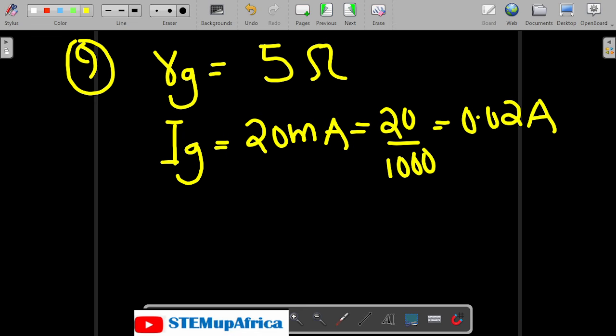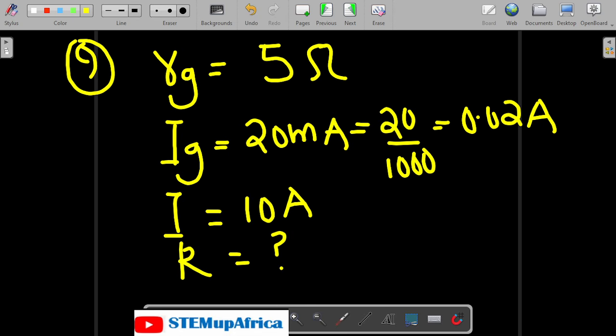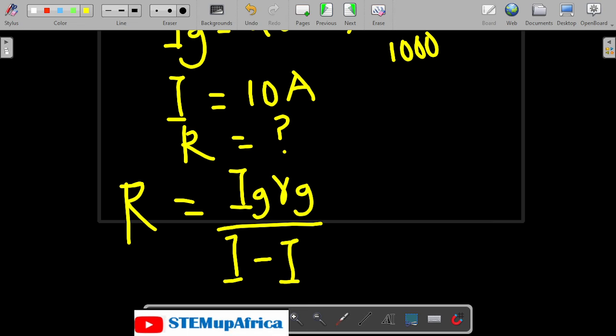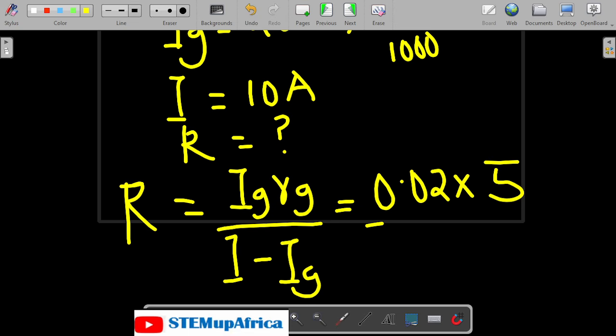Okay. While the current we produce, which is my I, is 10 ampere, then the resistance, now I do not know. So what is the mathematical relationship for all of them? We have R, which is our resistance, is IGRG over I minus IG. So I'm having 0.02 times 5 over 10 minus 0.02.